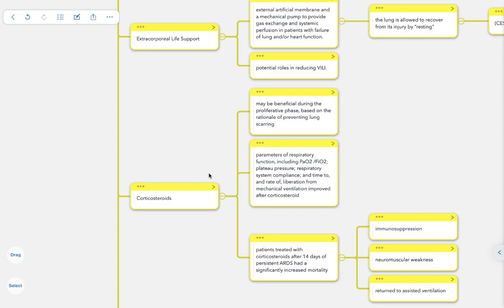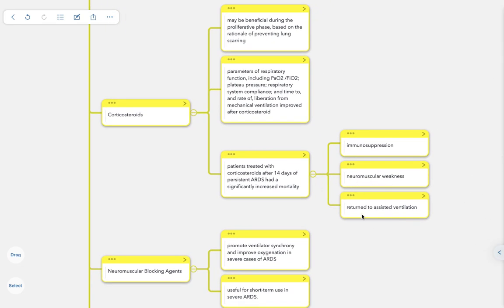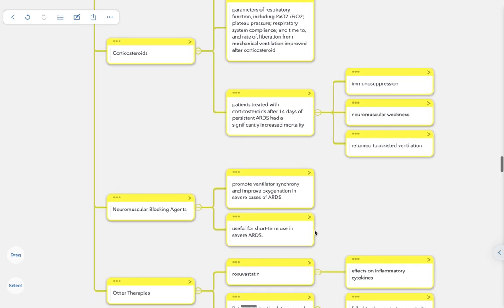But the problem is that the patients who were treated with steroids even after 14 days of persistent ARDS had a significantly increased mortality. Now, this could be attributed to either immunosuppression or neuromuscular weakness, and all this actually led to increased return to assisted ventilation.